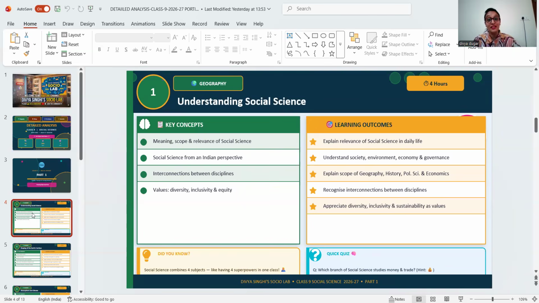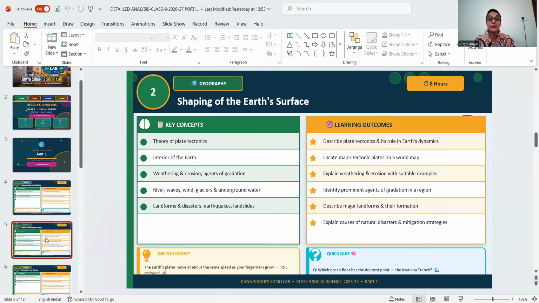So this time the first chapter itself tells what we understand by social science, and we are studying history, geography, civics, economics. What is its scope? Okay, so the first chapter is about understanding the scope and relevance of history, geography, civics and economics.